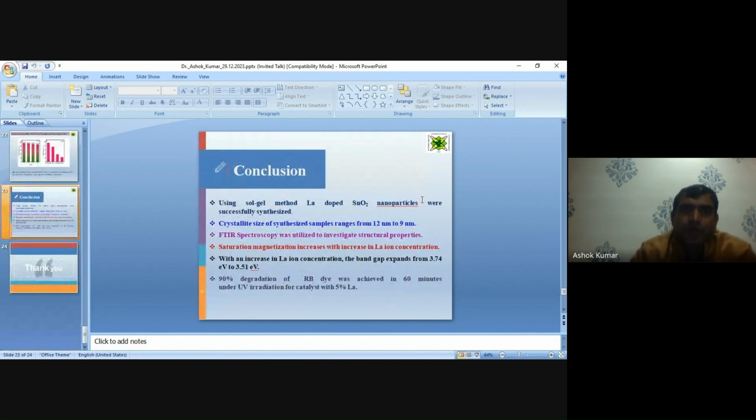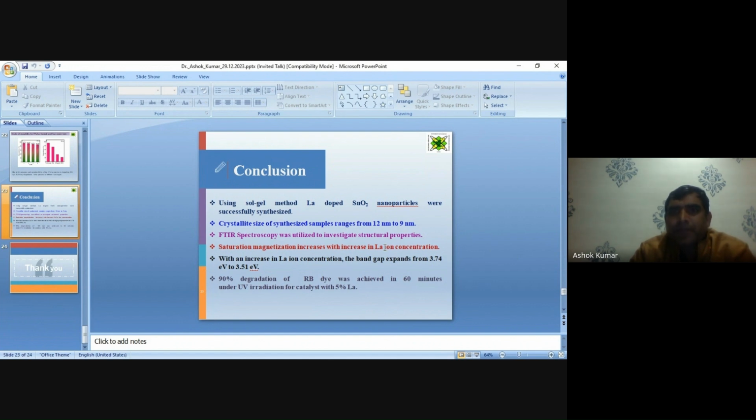So I can conclude that we have successfully synthesized lanthanum ion doped SnO2 nanoparticles using the sol gel method. Crystallite size lies in the range 9 to 12 nanometers. The structural confirmation was done using FTIR and HRTEM images. The saturation magnetization increases with lanthanum ion concentration.